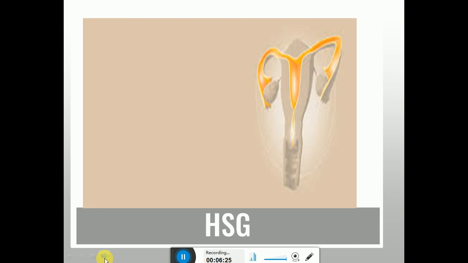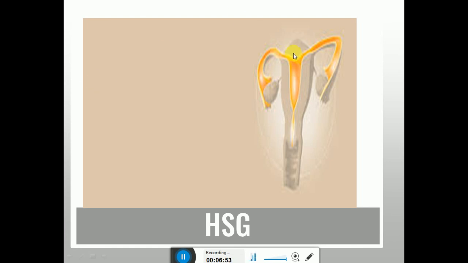Now we are moving on to the next study, that is called hysterosalpingography. This is a radiological study by which the uterus and uterine tubes are studied. So this one is the uterus. I hope you remember a little bit about the gross anatomy of the uterus.